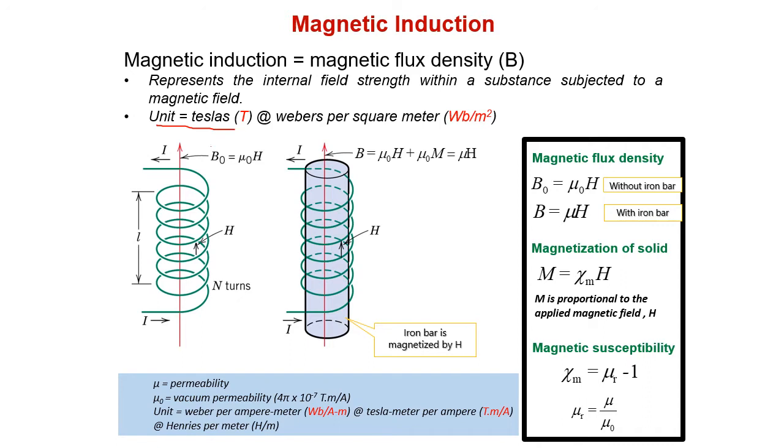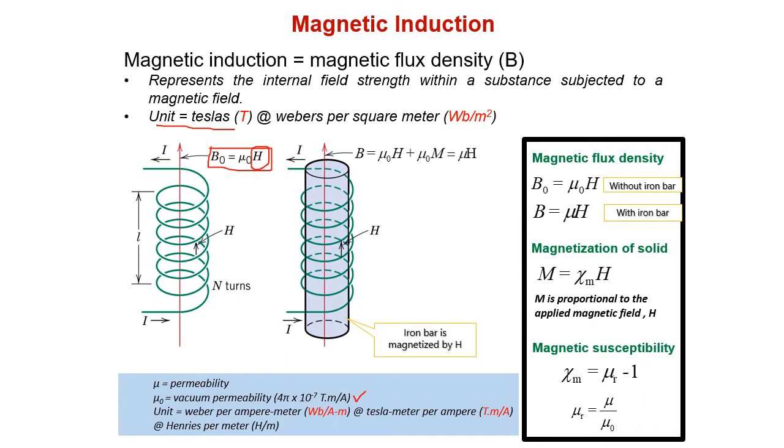For the solenoid, we can find the magnetic flux density by using this formula: B naught equals mu naught H, where mu naught is the vacuum permeability and H is the magnetic field strength.